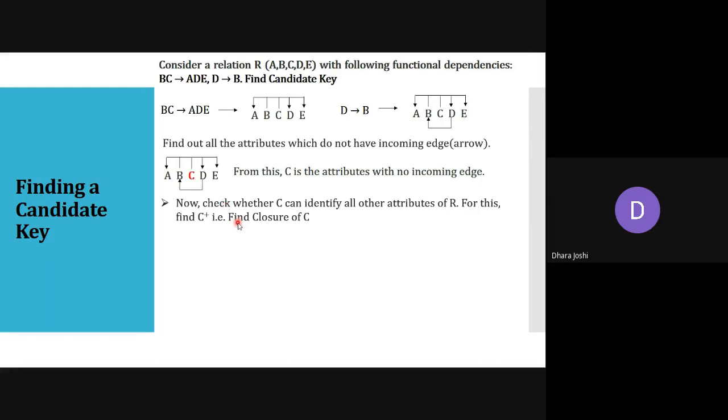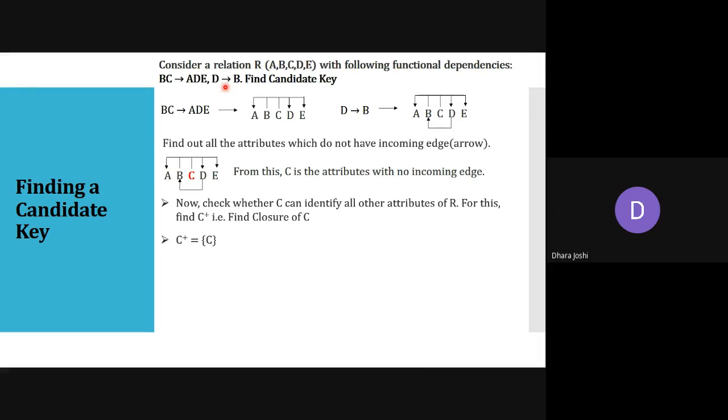So if I am having just C plus, then C must be a part of the result. But check, if I am having just the value C, then how many columns' values am I able to get? But here if you see, only C cannot derive any of the attributes' values. Until this you have executed in your last lecture, and many of you have given the correct answer till this.